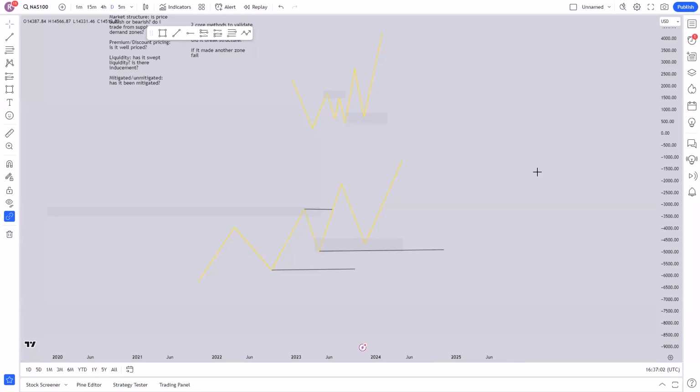You're going to have a breaker structure here, a change of character here, another change of character, breaker structures, and it's just so much mess. That's why I say to always start on the daily time frame so you have that clear direction of the market. So you can see what I like to call the skeleton.